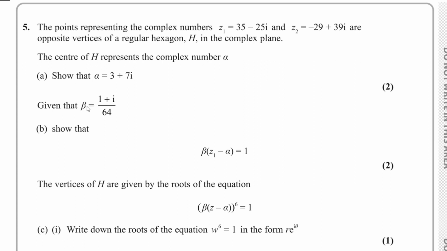Part B, given that beta is equal to 1 plus i over 64, we have to show that beta multiplied by Z1 subtract alpha is equal to 1. So, for part B, we've got beta equals 1 plus i over 64.